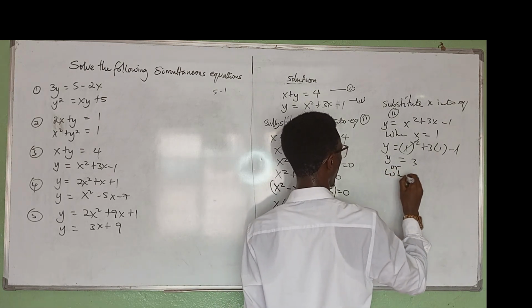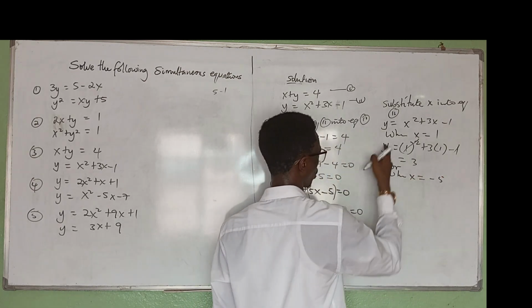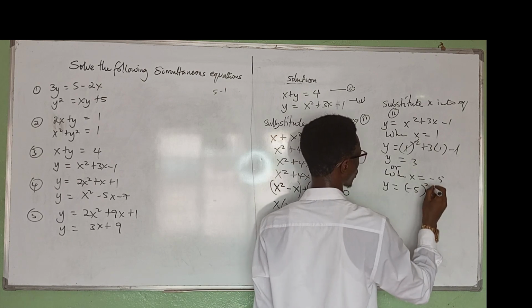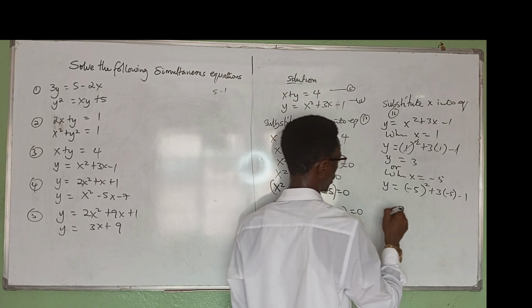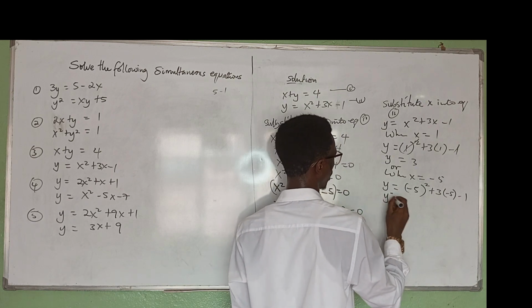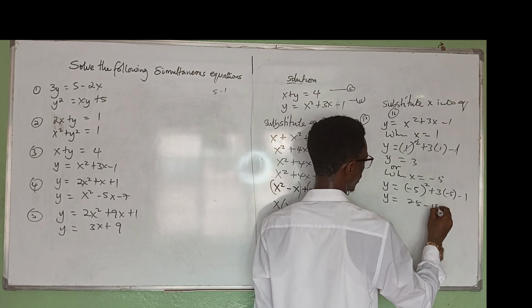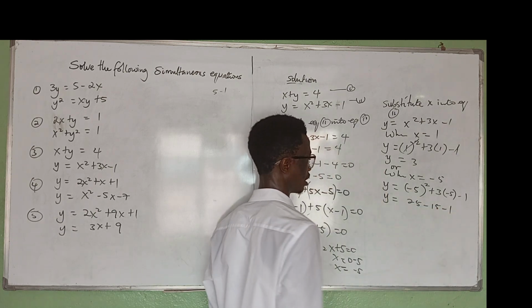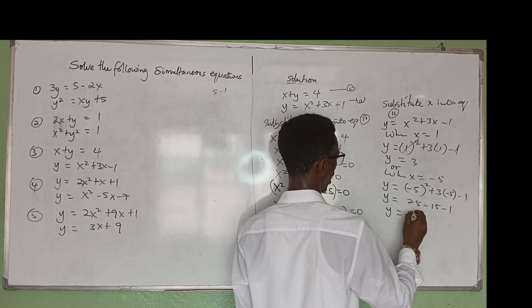Or when x is minus 5, we substitute that, so your y is going to be minus 5 all squared plus 3 into minus 5 minus 1. So this gives you y equals 25 minus 15 minus 1. So minus 15 minus 1 gives you minus 16. Now if you subtract that from 25, you are going to have 9.